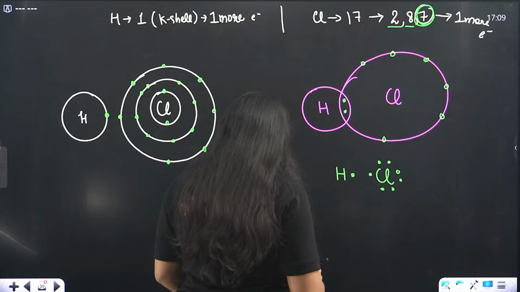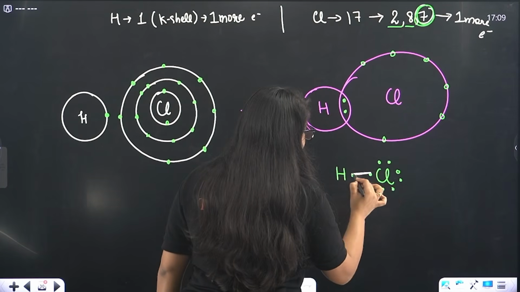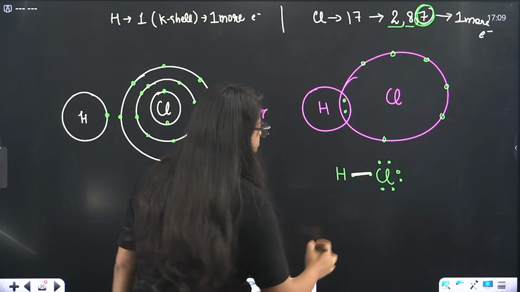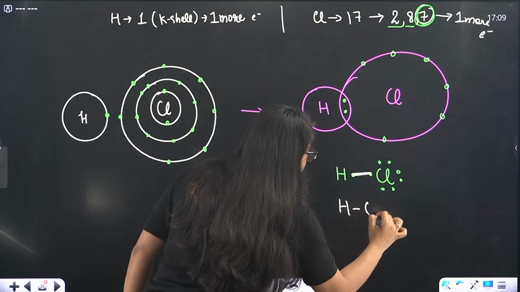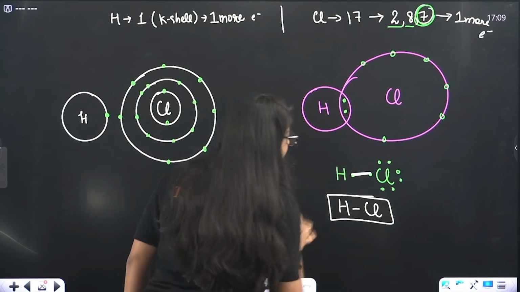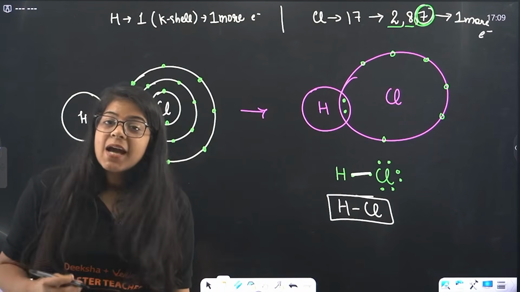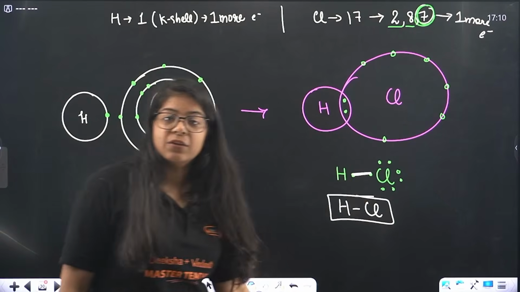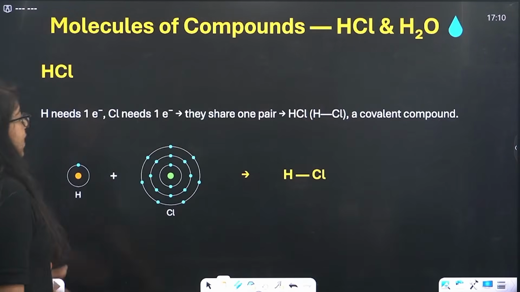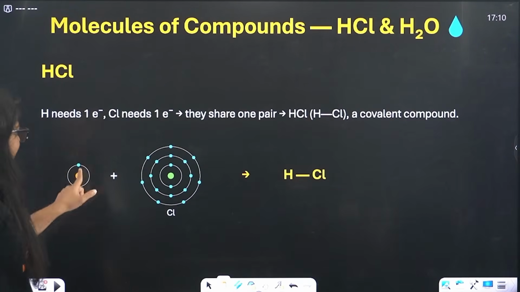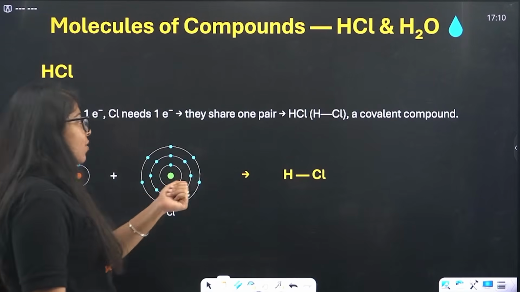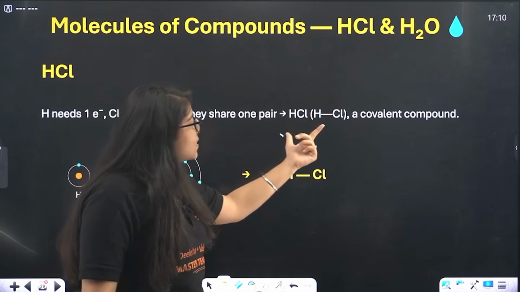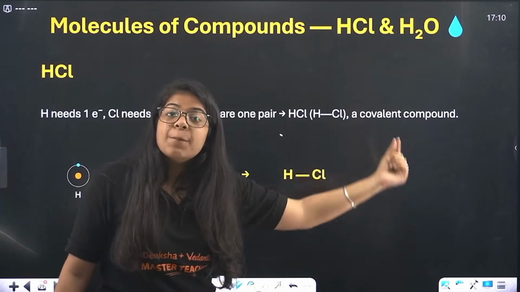It shares one of them, and that makes a covalent bond. And we have HCl. And they are made of what? A single covalent bond. Why? Because they share one electron each. Understood? And that is what is written. Hydrogen needs 1 electron, chlorine needs 1 electron. They share one pair, HCl is formed, a covalent compound.